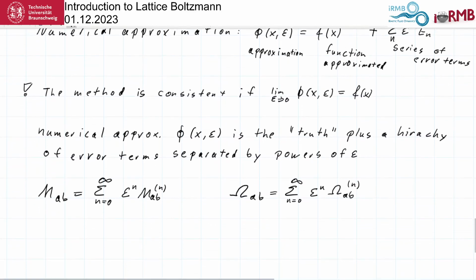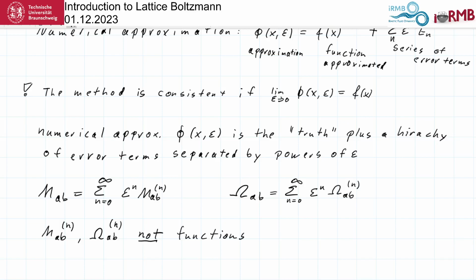So, what is very important to keep in mind, these MAB and omega AB n, so this is extremely important, they are not functions of epsilon. So, very, very important. How come they are not functions of epsilon?